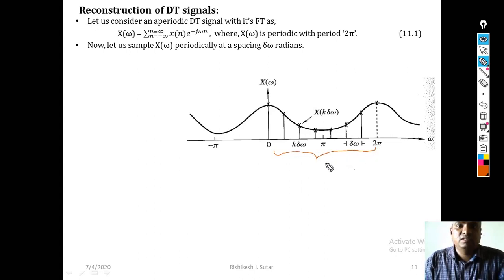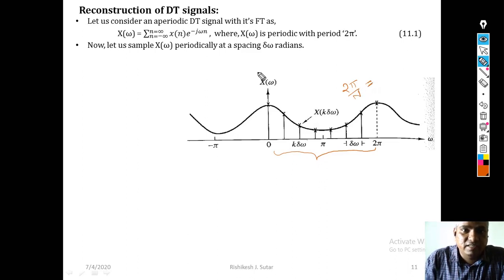So this is the one period, that is 2 pi, and I have to consider capital N samples. So capital N samples means it would be 2 pi upon N, and this 2 pi upon N is nothing but the spacing, that is delta omega, means spacing between the two adjacent samples.